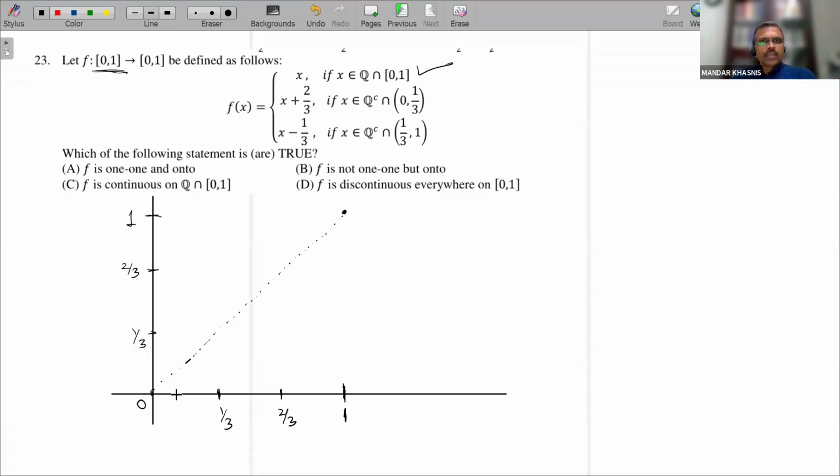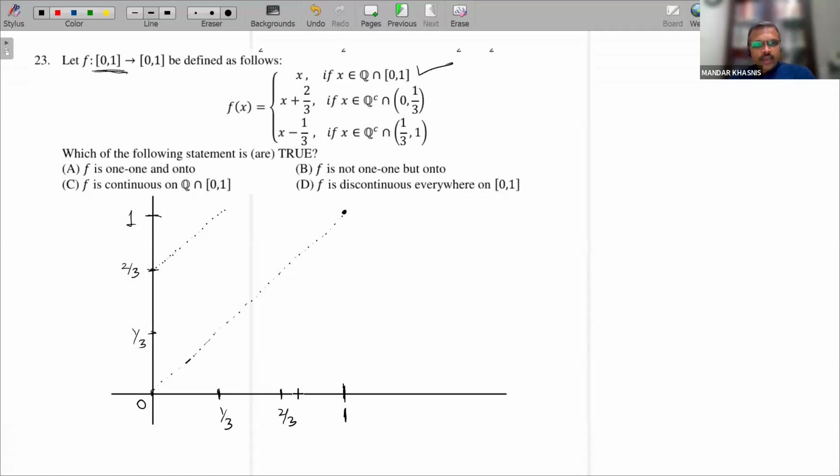Although 0 is not an irrational, to draw this line I'm considering the point: at 0 it is 2/3 and at 1/3 it is 1. So this is the dotted line, and these are images of all irrationals between 0 and 1/3, right?